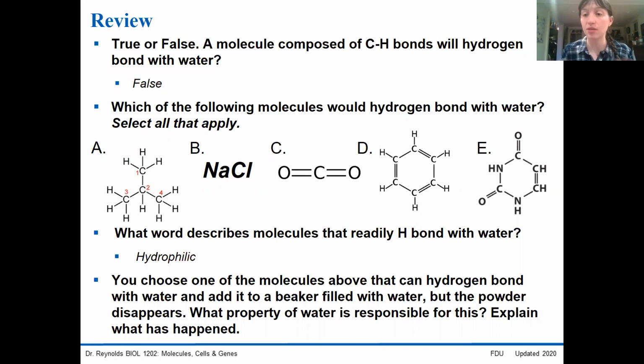Now, that hydrogen bonding is going to form a shell around the outside of that molecule known as a hydration shell. And that's why the molecule seems to disappear, because it gets absorbed into the matrix of all those water molecules instead of aggregating together into a visible chunk of that powder.